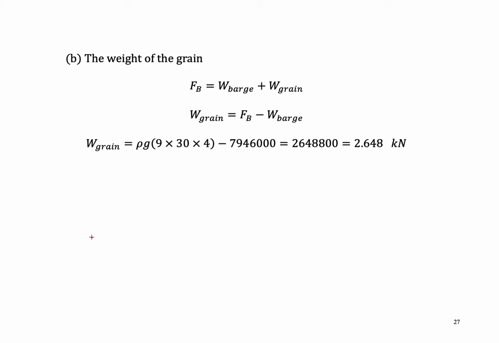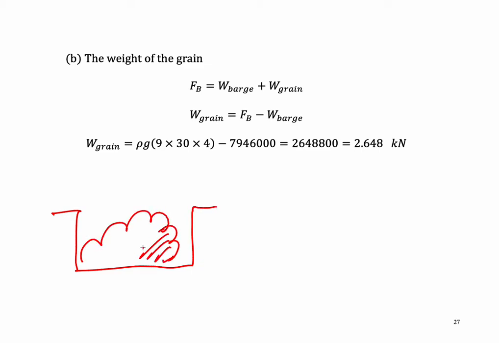And then when we put extra weight, for example, we have a barge here, and then we put a weight in the barge, we found that the submerged depth is increased from 3 to 4 meters. And then we could write an equilibrium in forces like this.